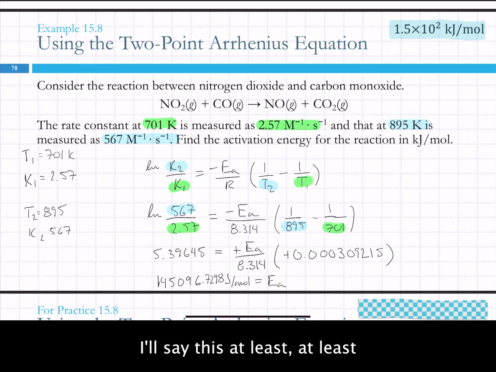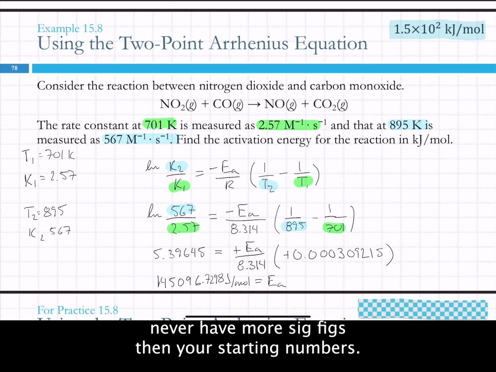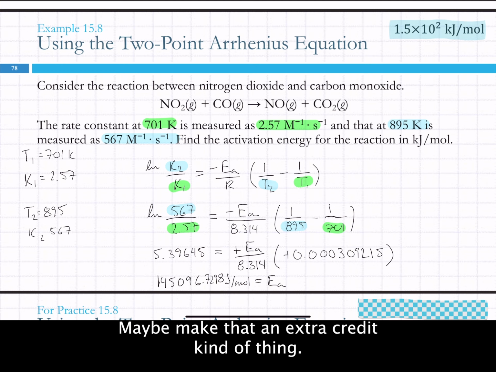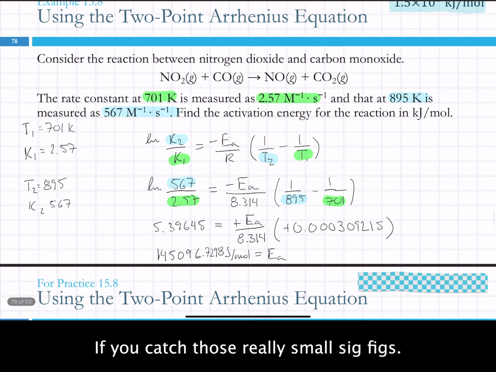I'll say this, at least never have more sig figs than your starting numbers. It should be the same or less. That's tempting. Maybe make that an extra credit kind of thing, if you catch those really small sig figs.